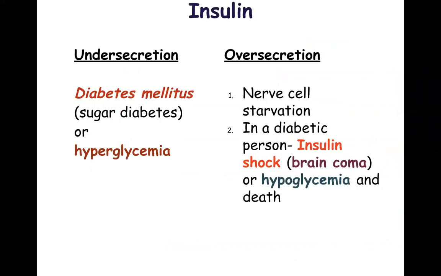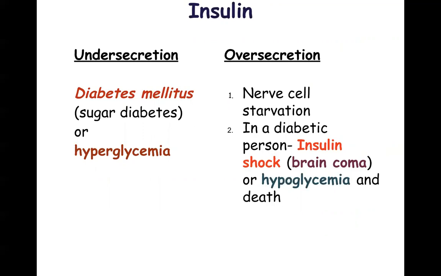Now, the main hormone produced by the pancreas is called insulin. Insulin is very important in maintaining the carbohydrate metabolism of the body. Insulin is released after we eat a meal. Insulin helps to change the surplus glucose in the cells into glycogen.